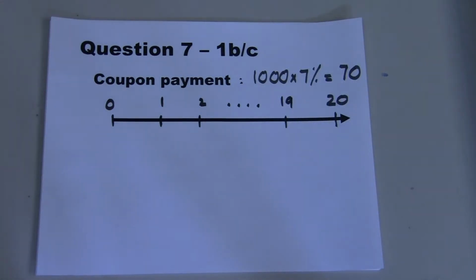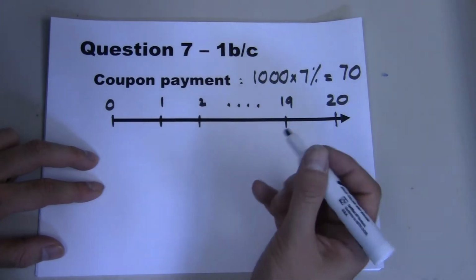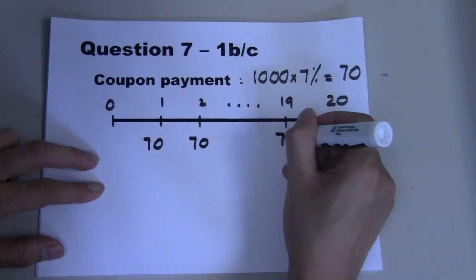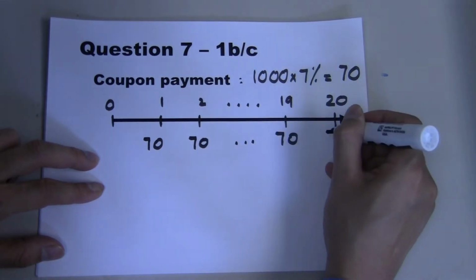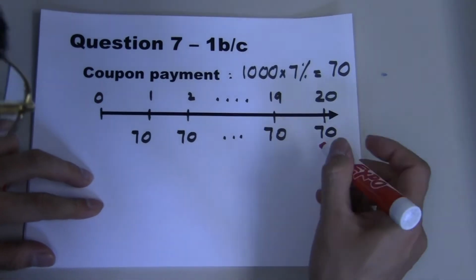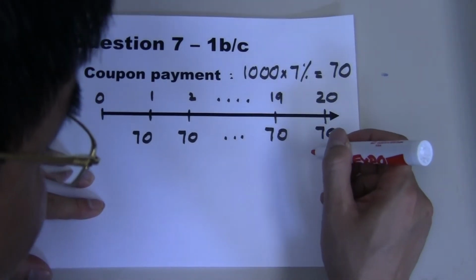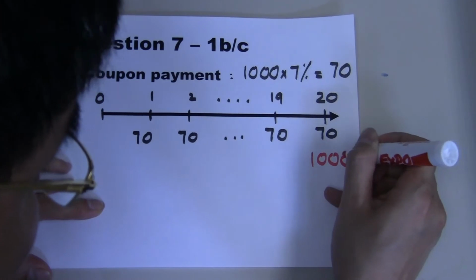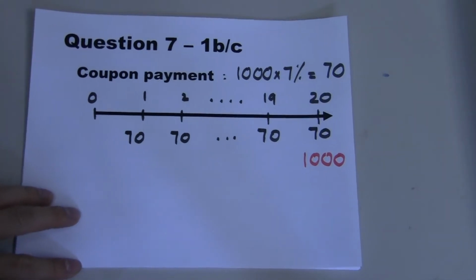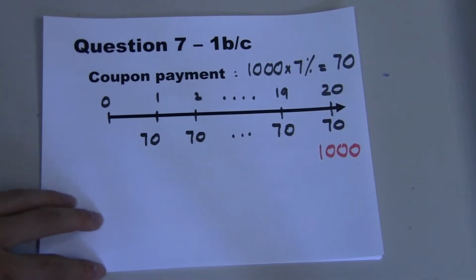At the end of each year, you receive the coupon payment of 70, all the way here, 70. And remember, at the end of the 20-year period, you receive one big thing, which is the face value of the whole 1,000. Here's the payment schedule of the bond.